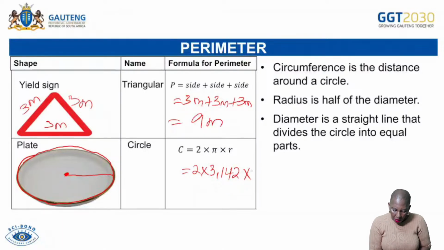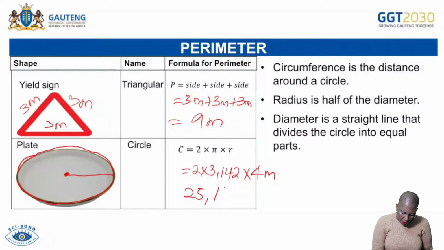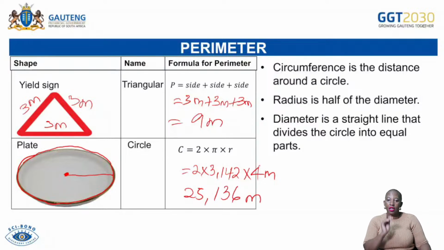If they say our radius is maybe 4 meters, you quickly take your calculator: 2 multiplied by 3.142 times 4. It gives me an answer of 25.136 meters. As we can see, there is no square unit. There is only 1 meter here, so I just take that unit as it is. Don't make the mistake of multiplying the units. We don't multiply the units, we are just adding. Remember I said the ribbon only focuses on the gold part.